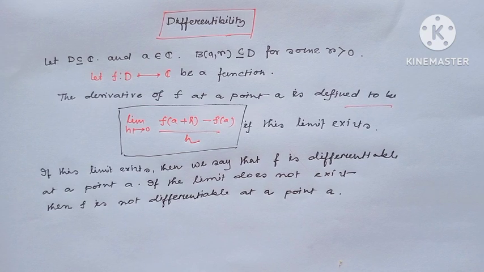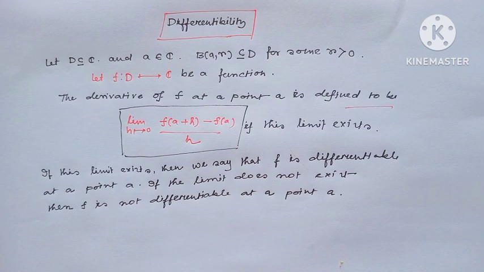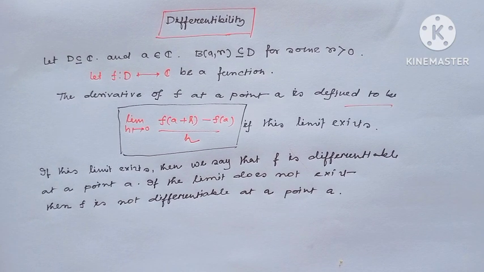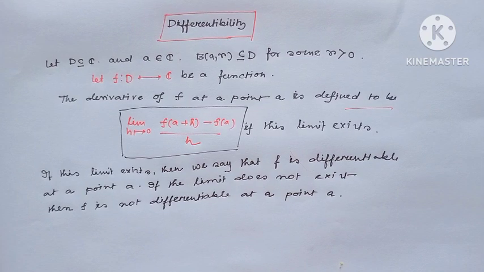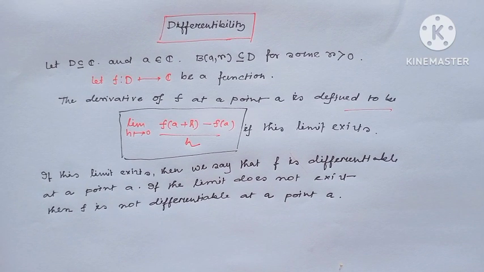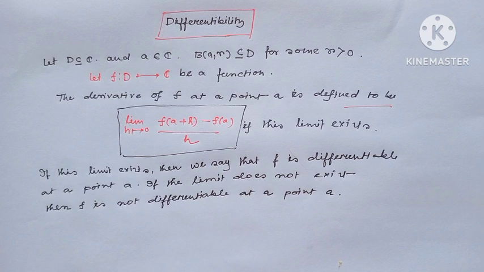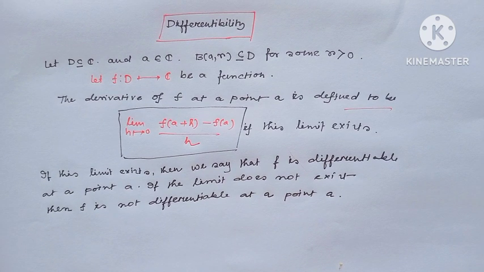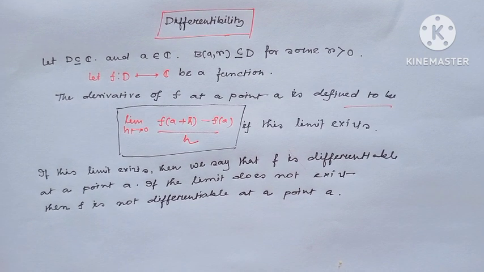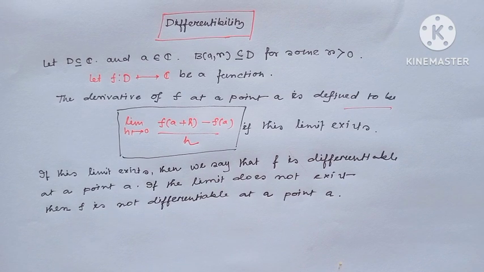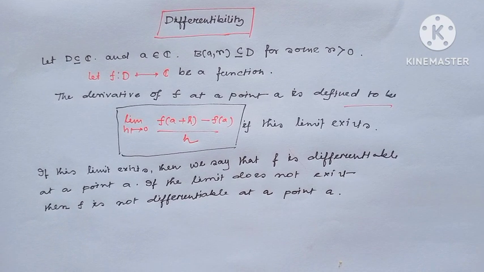Let D be a subset of complex numbers and a belongs to C. Then consider one ball B(a, r) with center a and radius r which contains the set D, for some r greater than 0.